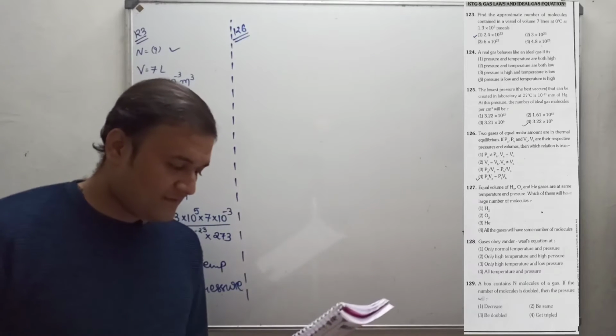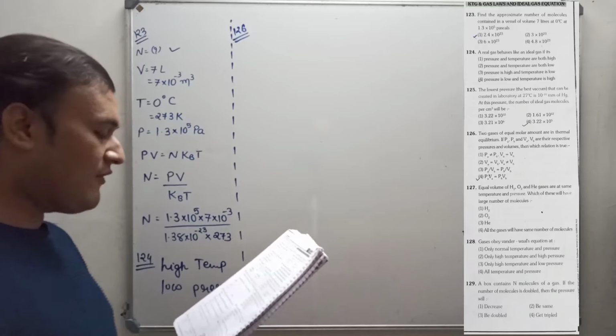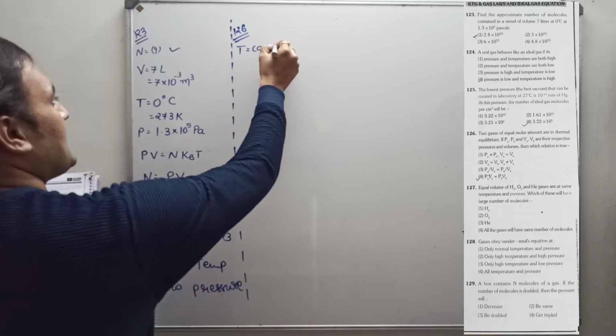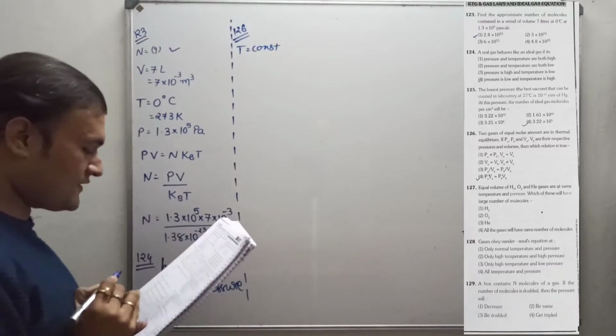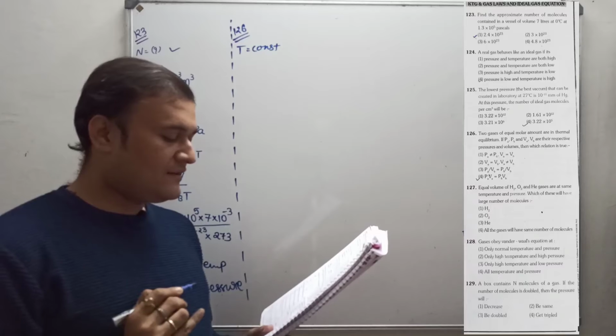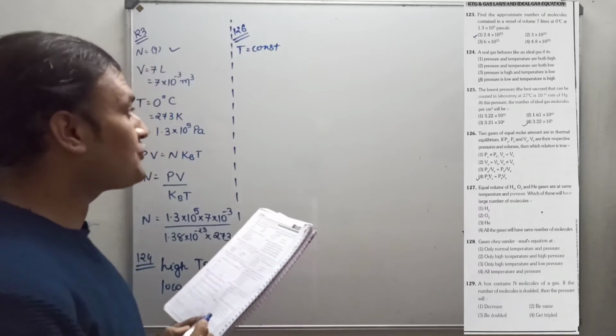Two gases of equal molar amount are in thermal equilibrium. It means T is equal to constant. Thermal equilibrium means temperature will be constant. If PA, PB and VA, VB are their respective pressures and volumes, then which relation is true?